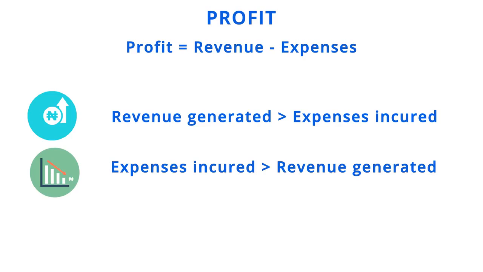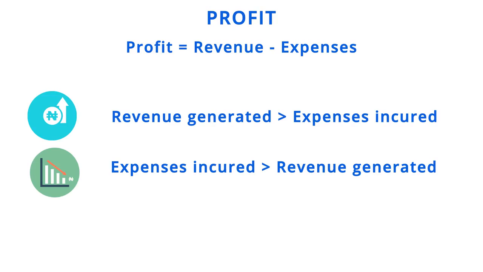When you deduct all your expenses that you have incurred over a period of time from the revenue you have generated during this same period of time, whatever you have left with is either a profit or a loss. A profit when revenue exceeds expenses, a loss when expenses exceed revenue. We have looked at the three major components of the income statement: the revenue, the expenses, and the profit.